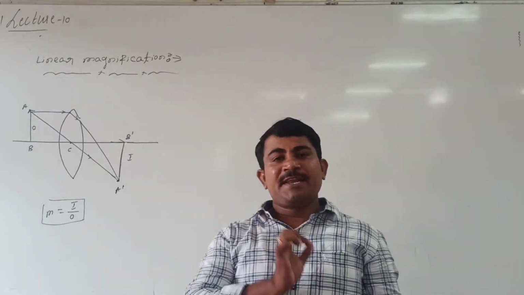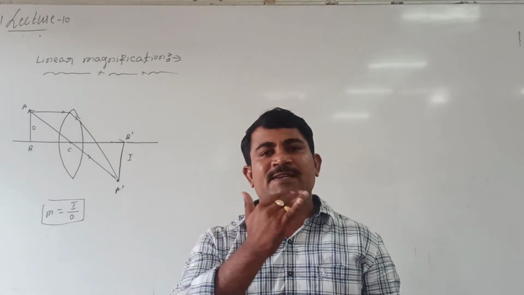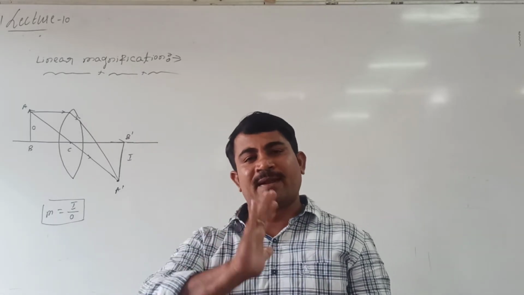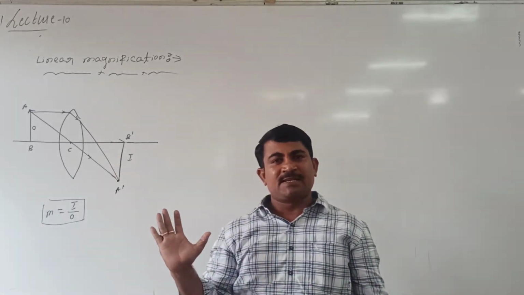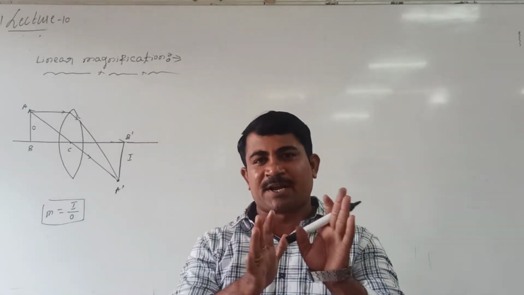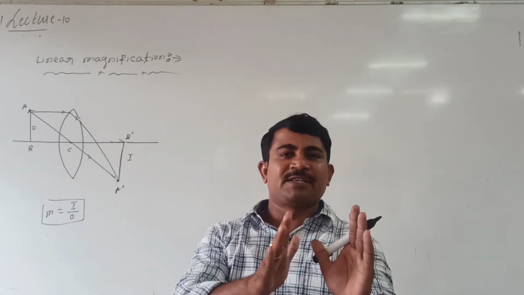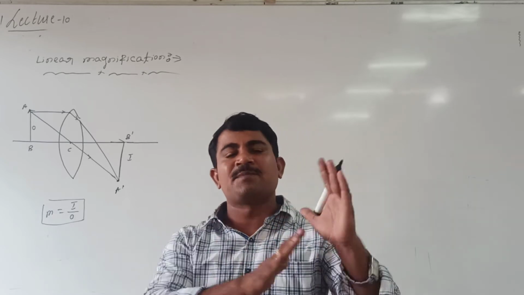But how to take linear magnification in terms of u and v, for a convex lens and for a concave lens? For a convex lens, linear magnification is either positive or negative. How it is negative, we will say in terms of u and v.